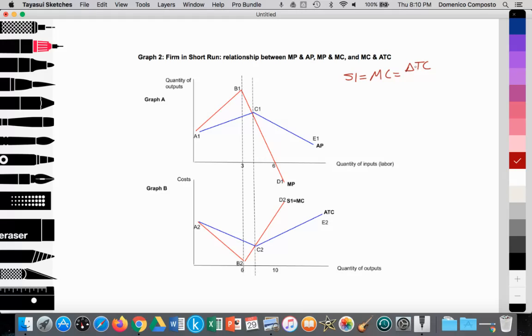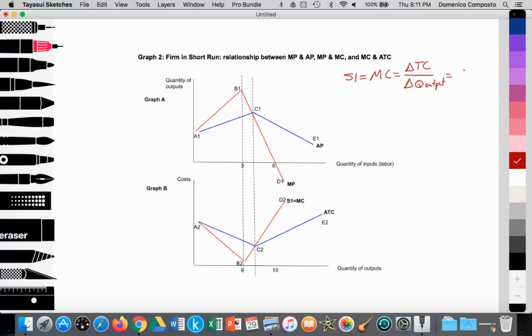And so we're looking at the change in total costs as we produce an additional unit of output. So the change in the quantity of output. So the MC curve is the additional cost or the additional total cost of producing a good as we produce an additional unit of that good.